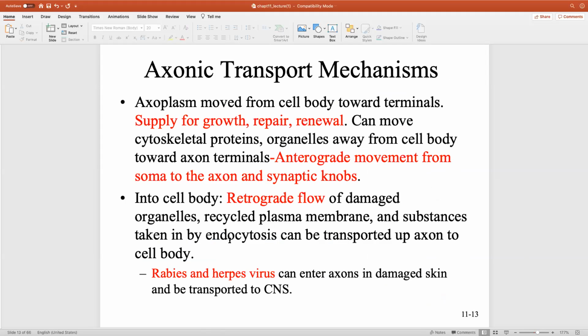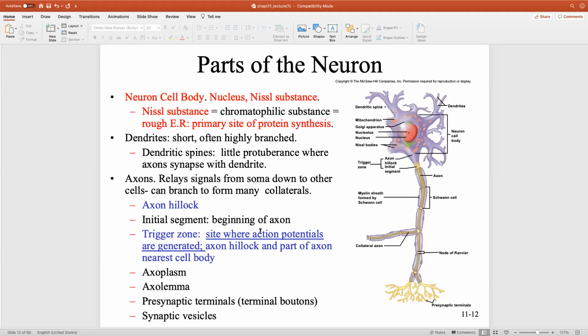So we need retrograde flow from these axon terminals or anywhere in the axon, bringing it back to the cell body where we have lysosomes ready to digest and recycle everything. Again, we don't want any of the trash to accumulate in the axon. There's just not a lot of room. So we need to bring it back retrograde to the cell body where we have lysosomes ready to get rid of everything.